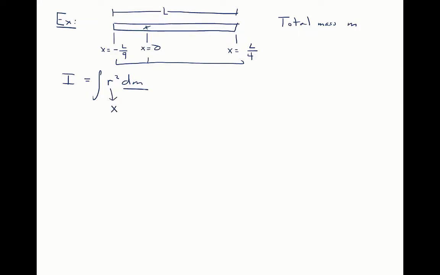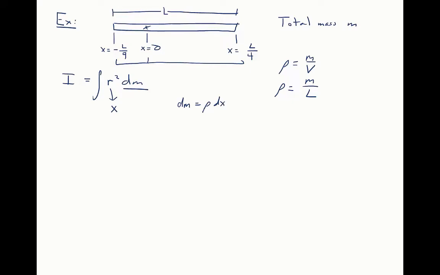And now we need to get dm in terms of x as well. If something's a line, instead of density being mass over volume, we can say that density equals mass over length. And because it works that way, we can say that dm equals rho dx.